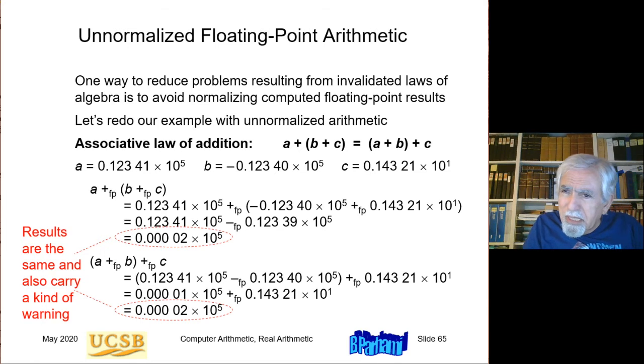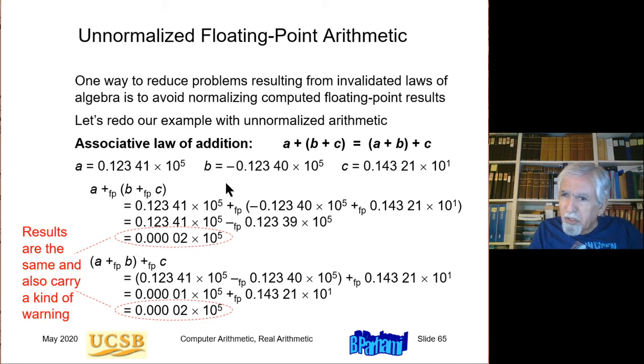Sometimes, if you do floating point arithmetic using the IEEE standard, all the results are normalized. So when you get leading zeros or leading ones in negative numbers, you shift the value to the left to eliminate the leading zeros and adjust the exponent. One option is not to do that normalization.